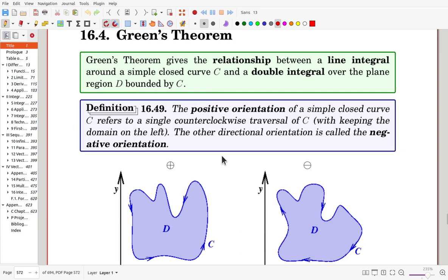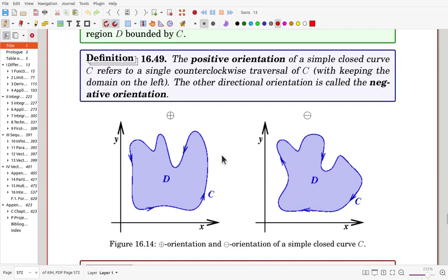We'll begin with orientation of the curve. The positive orientation of a simple closed curve refers to a single counterclockwise traversal of C, as in this figure.